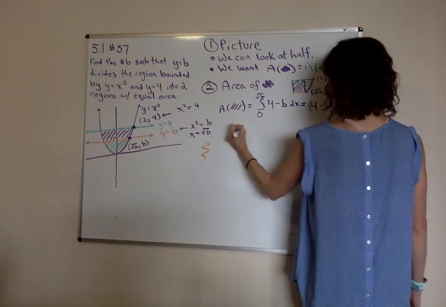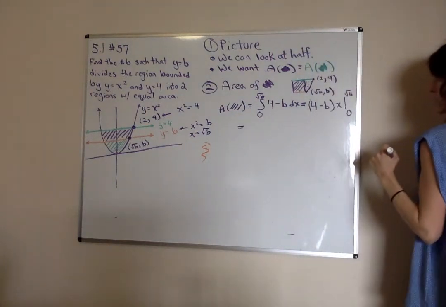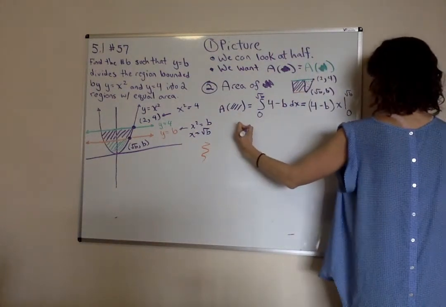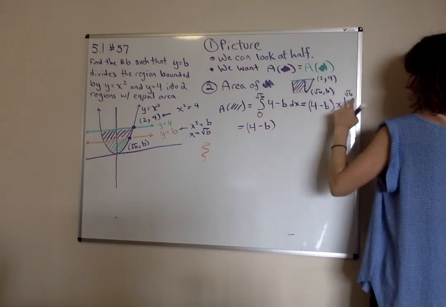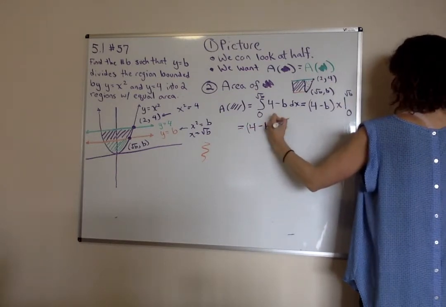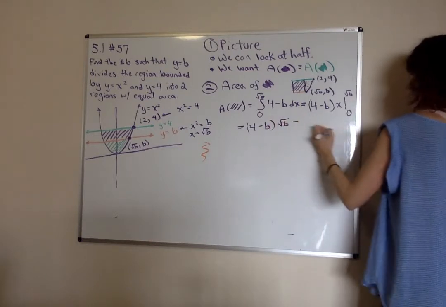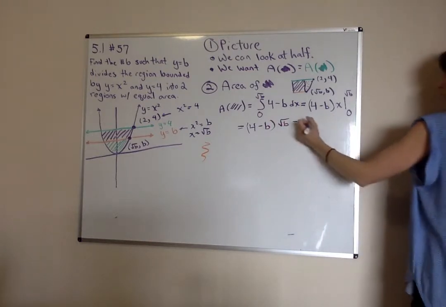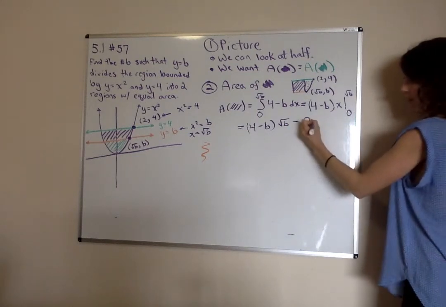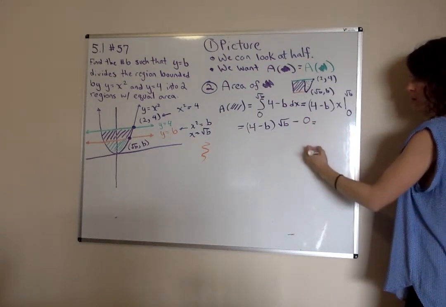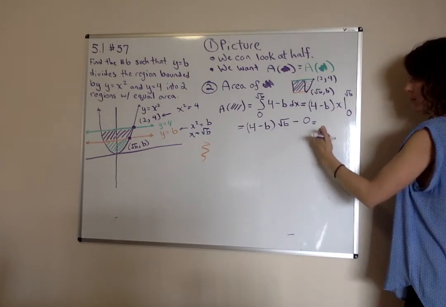So the area of the striped purple is going to be (4 minus b) times the square root of b minus (4 minus b) times 0, which is 0. So this will simplify down to 4 root b minus b to the 3/2.